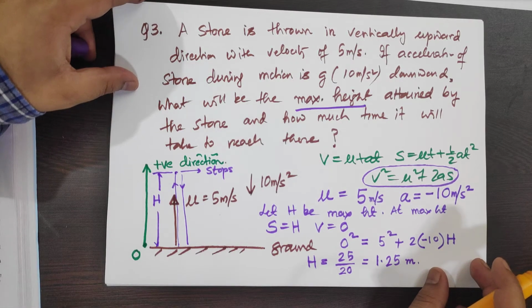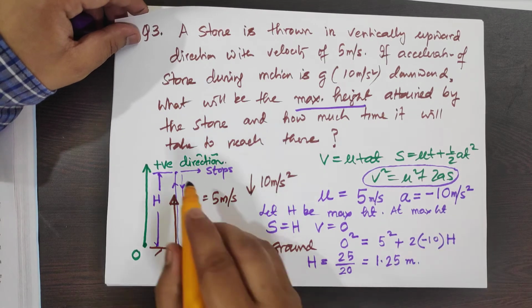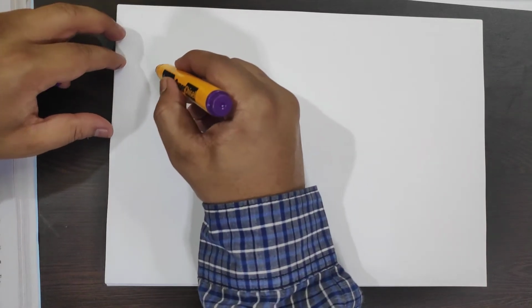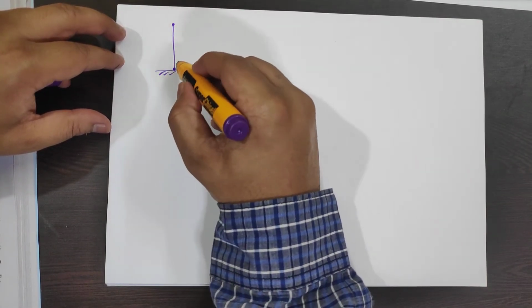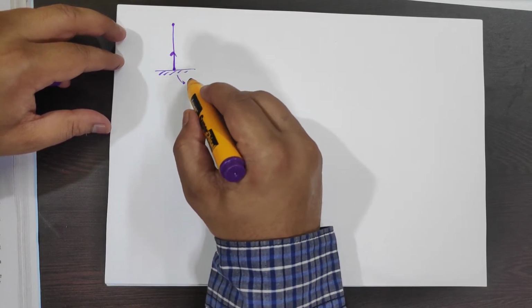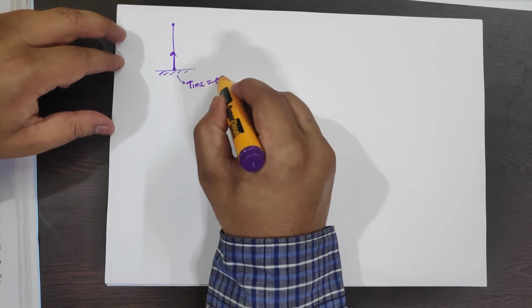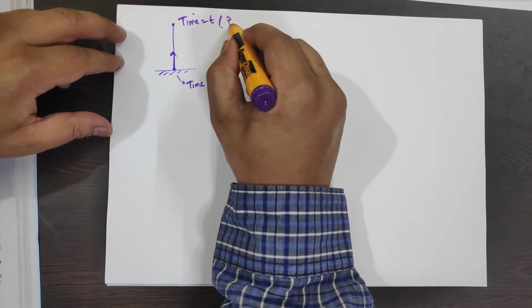And the next part of the problem, how much time it will take to reach there. So when it stops there, suppose when it was thrown upward, time was 0. Here time is equal to t, this you have to find out.